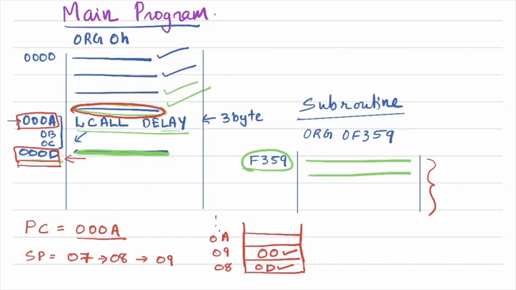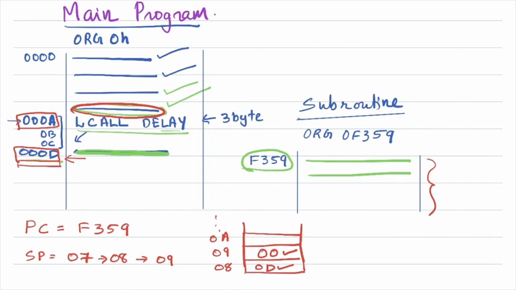After this, PC will change its content from 000A to F359. So the PC content will now become F359. That will be the new content of the program counter.